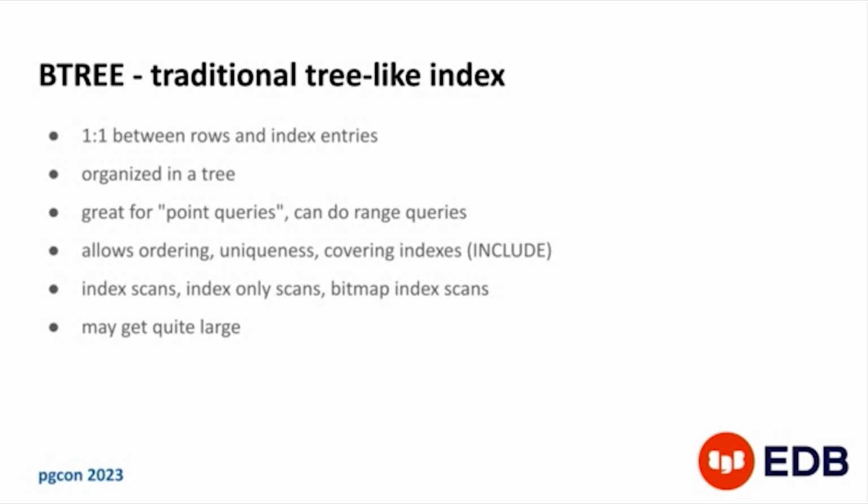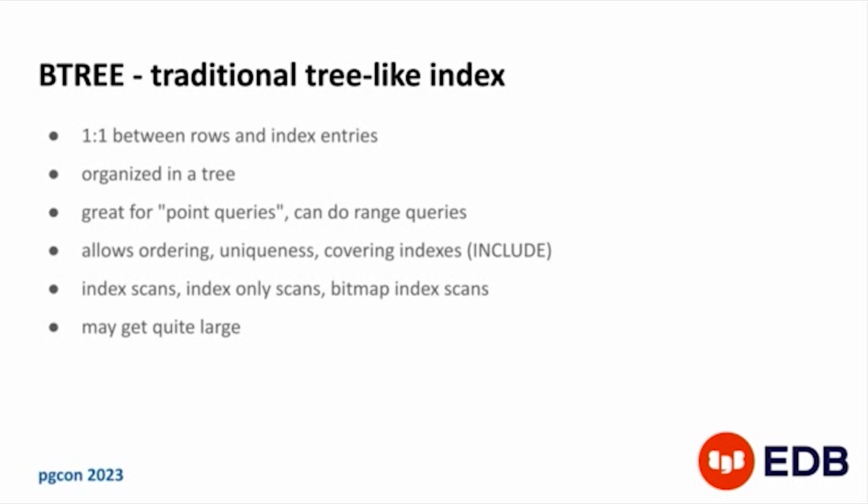So there's a one-to-one mapping. Those entries are organized in a tree, and those are great for point queries, right? So if you are searching with the where condition for equality of a key, or maybe for range queries, that's perfectly fine for a BTREE index.